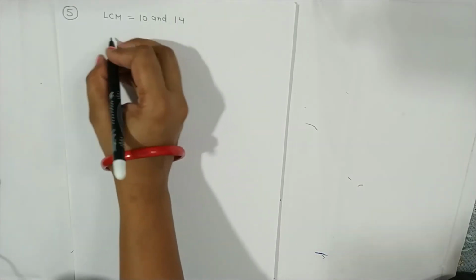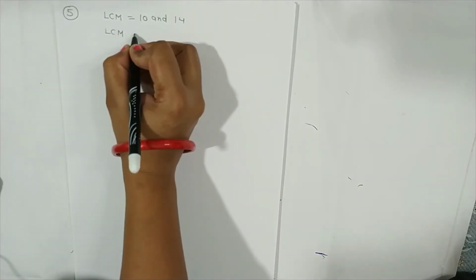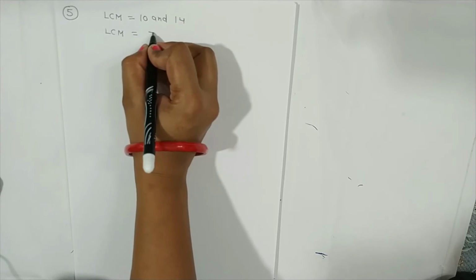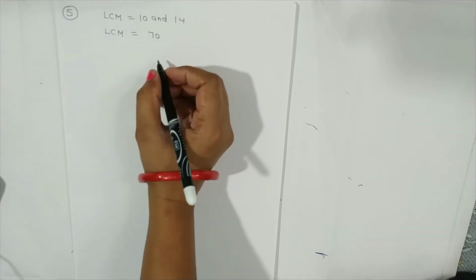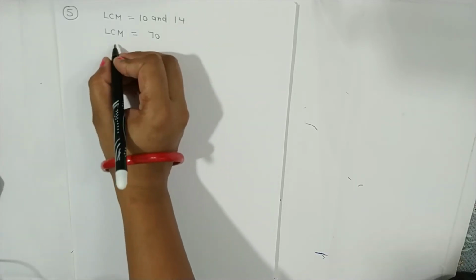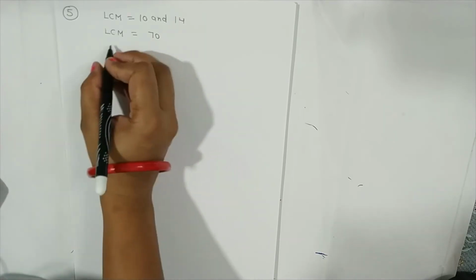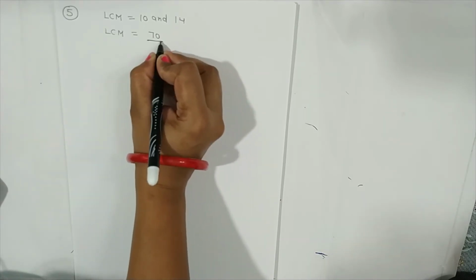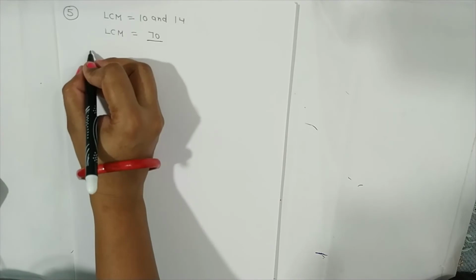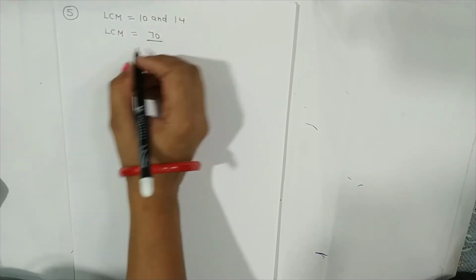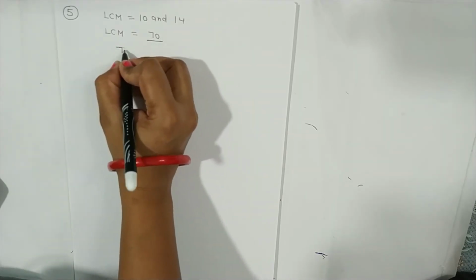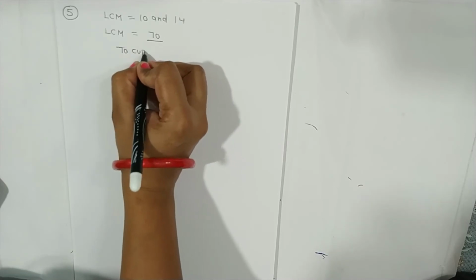So the LCM of 10 and 14 becomes 70. Suppose this is the total work we have to finish. So let us take, we have to make 70 cups.